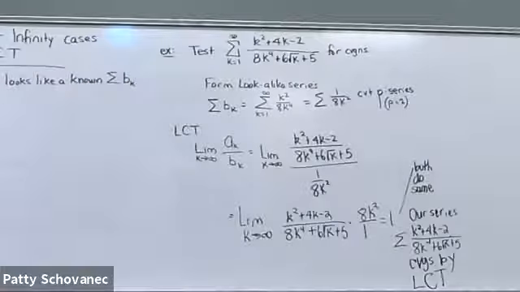So we know what the b_k's do, we just don't know what the a_k's do. And we form this limit. What causes this limit to be 0? That's right, if the b_k's grow faster than the a_k's, or the b_k's are bigger than the a_k's, or say it this way, the a_k's are smaller than the b_k's.